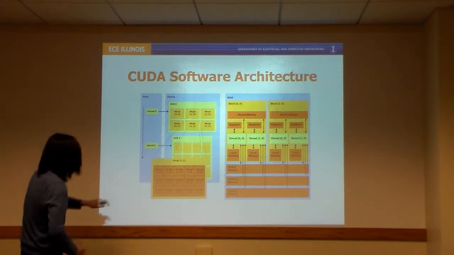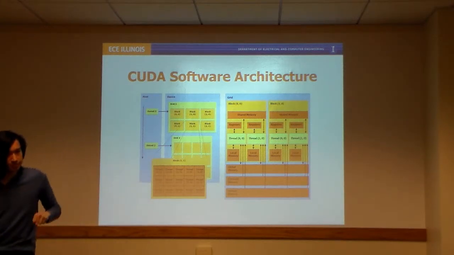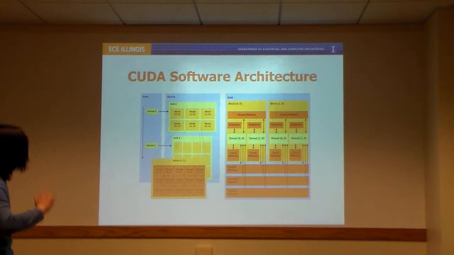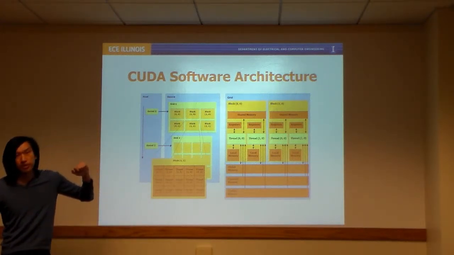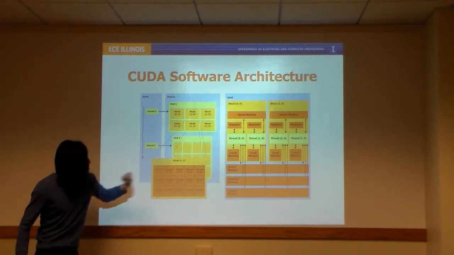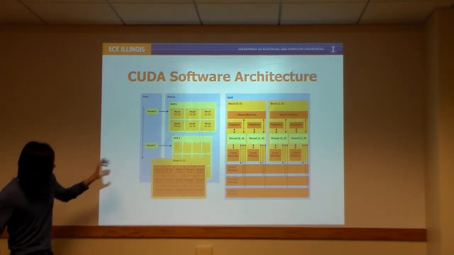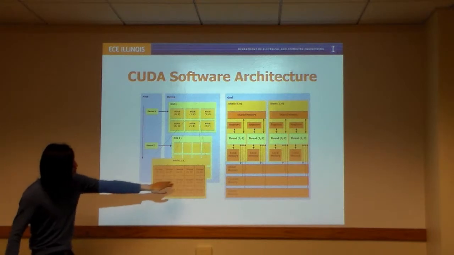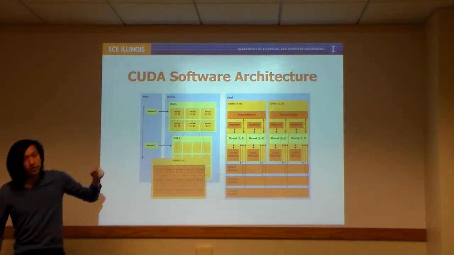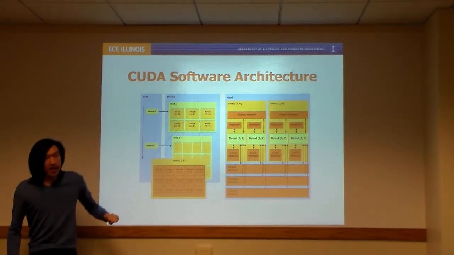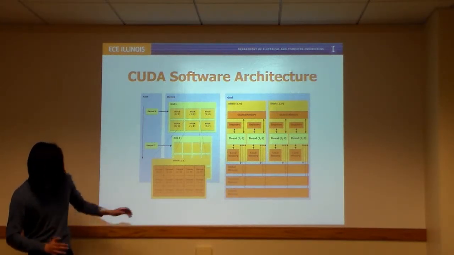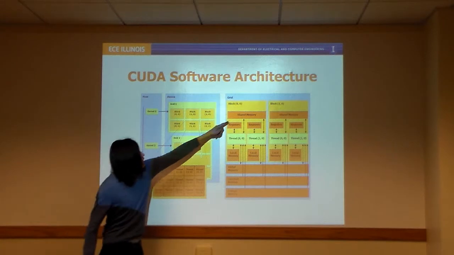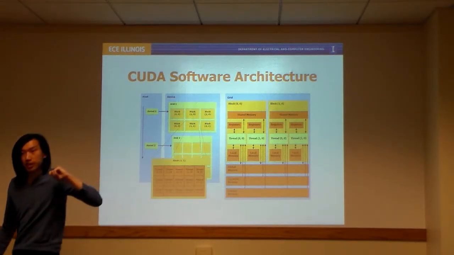You group these parallelizable units into blocks, okay? And the GPU scheduler automatically partitions each block into warps, okay? But this block exists not necessarily for execution, but for memory sharing. So threads within a block can share data with each other at high speed because there's a shared memory that exists within the block, okay?